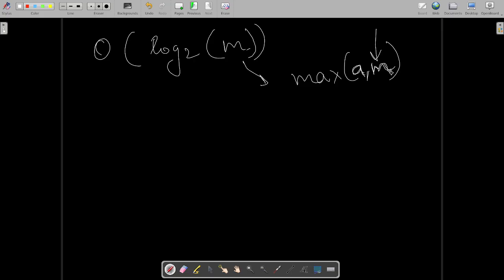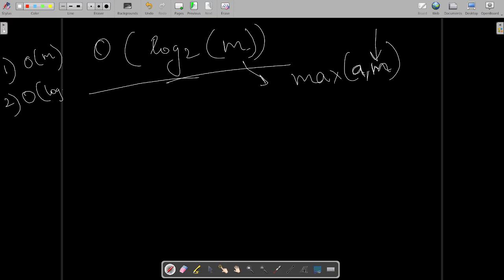Even if it's a, you just do a mod m, and it again goes back to m. Anyway, that's something else, but it will do it in logarithmic time. So we came across two approaches. One takes O of m, the other just brought it down to logarithmic.